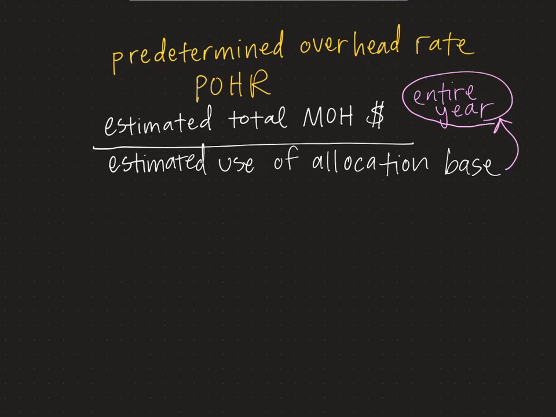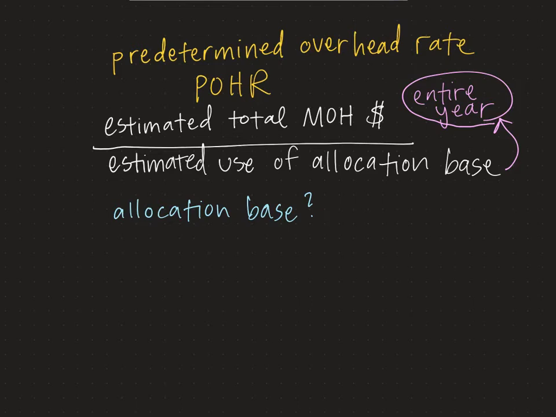Your next question might be, well, what is the allocation base? The allocation base is a metric that you can track about a job that you think correlates to the amount of overhead costs that that job actually consumes.